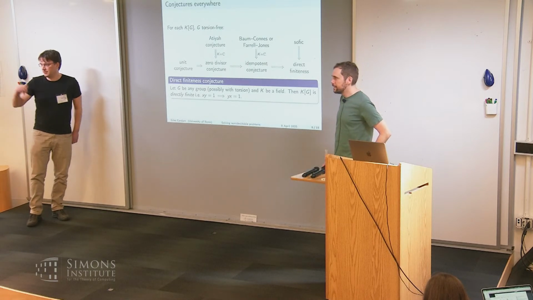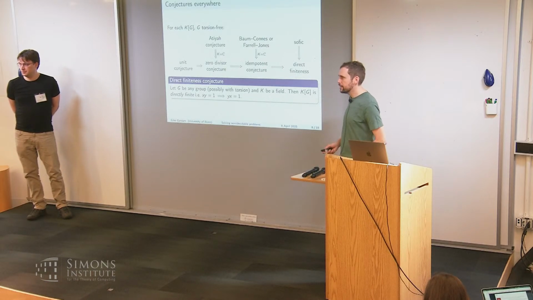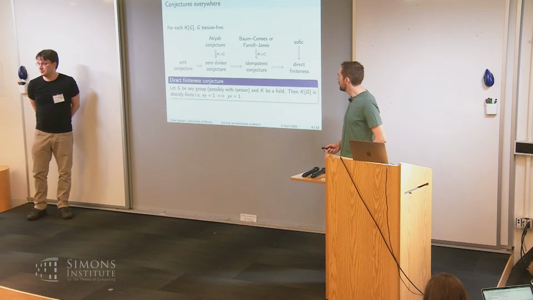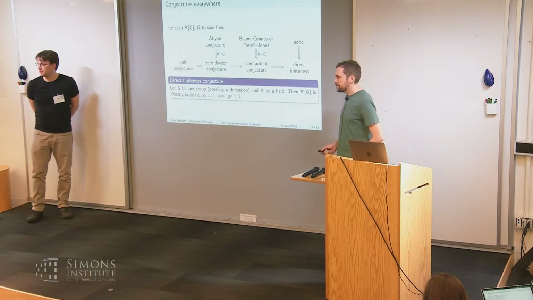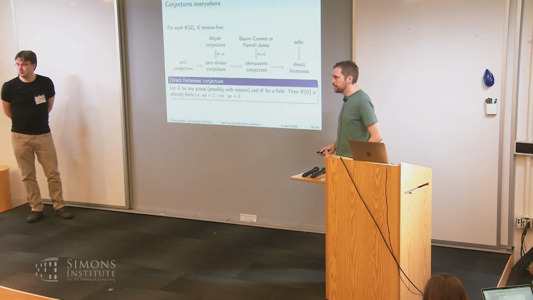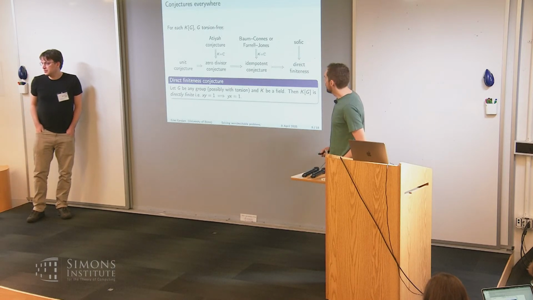Maybe this is related to the last comment you made. In this case you're saying the idempotent conjecture is when K is equal to the complex numbers, or the Atiyah conjecture. In what sense does that specialize? Because a lot of the examples you were doing was when K is equal to F2. So can you explain how the arrow implies? Yeah.